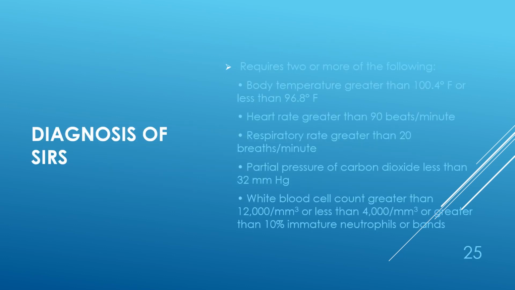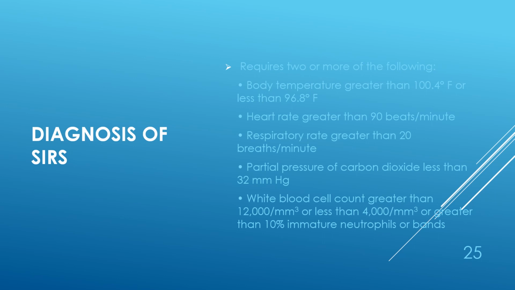So how do you diagnose SIRS? To diagnose SIRS, you need two or more of the following. You need to have a body temperature greater than 100.4 or less than 96.8 Fahrenheit. You need to have a heart rate that is greater than 90 beats per minute. You need to have a respiratory rate that's greater than 20 breaths per minute. You need a partial pressure of CO2 less than 32.